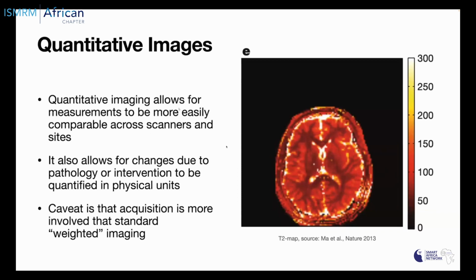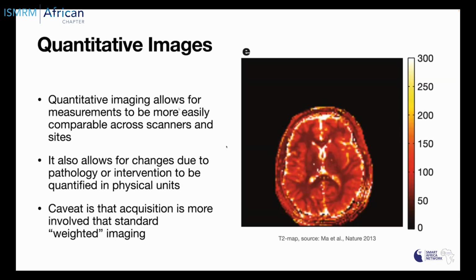Quantitative imaging allows for our measurements to be more easily compared across scanners and sites, because now we don't have all of these extra factors like coil sensitivities and other scanner related gains and things like that confound the level of signal that we measure in our images. If we have quantitative units attached to the parameters that we measure, then these are more easily translatable in terms of cross-scanner and cross-site comparisons.